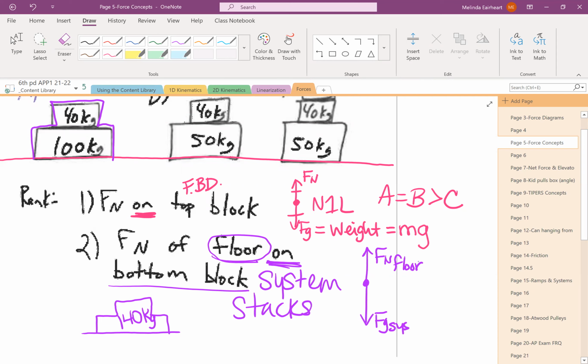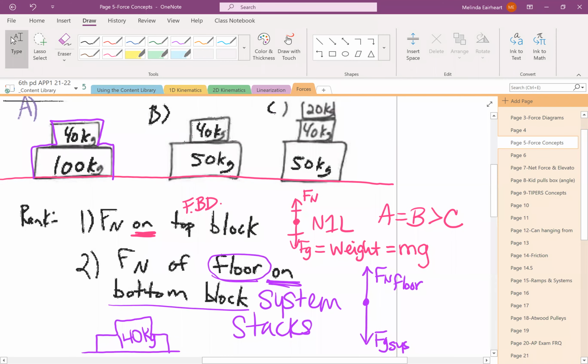Y'all tell me. A is 140, B is 90, and C is 110, okay? It doesn't matter that it has 3 blocks. It's about the total mass of the system. And so we'd get A is greater than C, greater than B. Good deal? So final answers there are those.